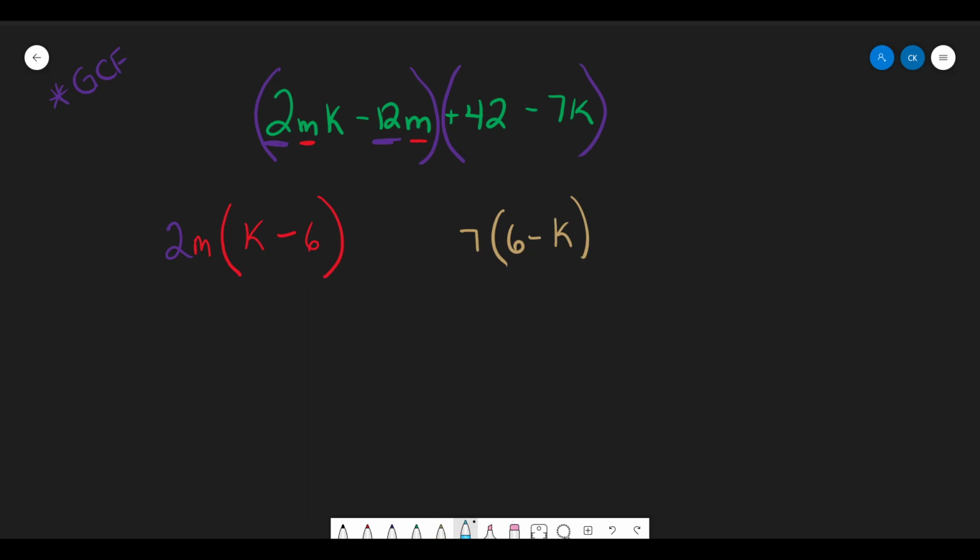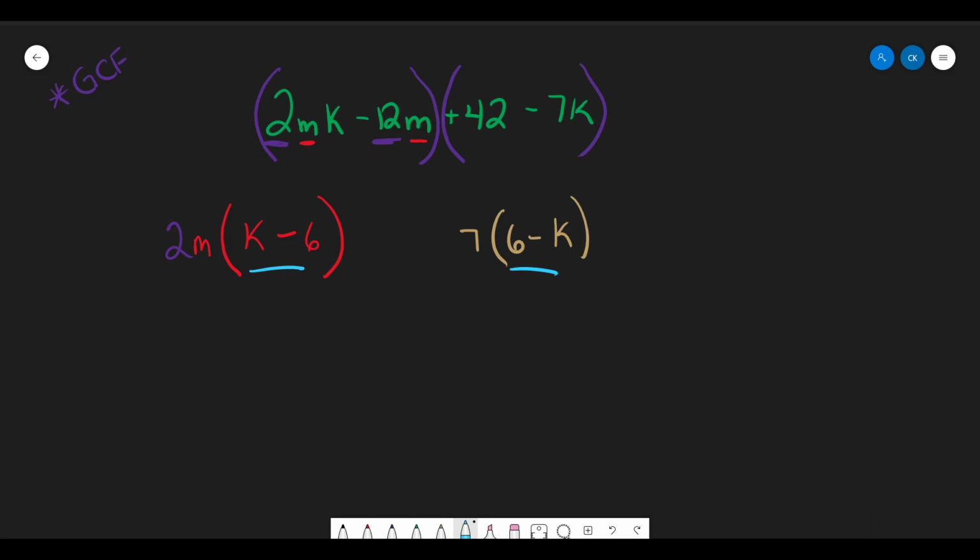But now I run into a bit of an issue here. Here I see k minus 6. Here I see 6 minus k. They're very similar, but they're not exactly the same. They need to be exactly the same in order for us to use this as our twin in my answer.